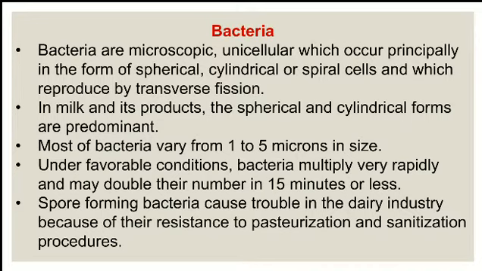Most bacteria vary from 1 to 5 microns in size. Under favorable conditions, bacteria multiply very rapidly and may double their number in 15 or less minutes. Spore forming bacteria cause trouble in the dairy industry because of their resistance to pasteurization and sanitation procedures.